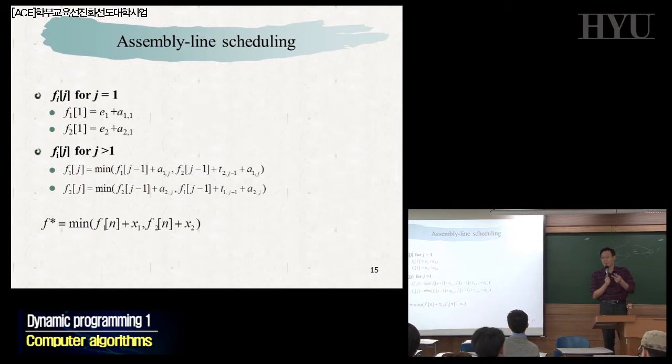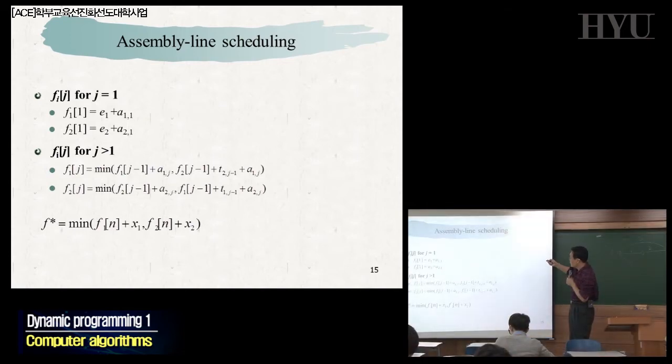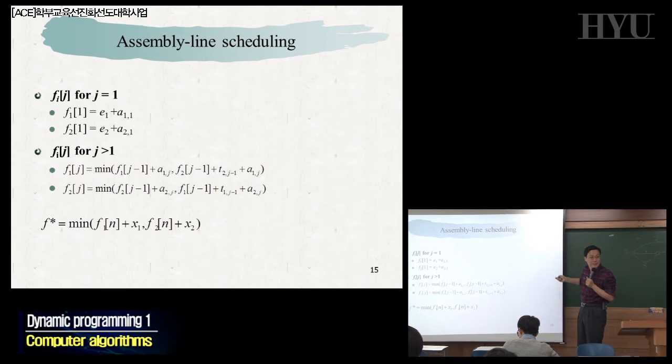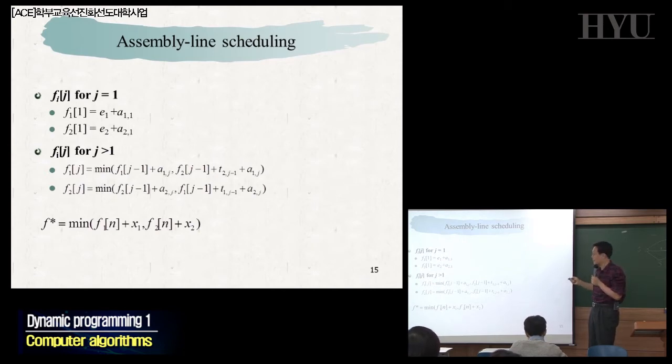Okay? I'll give you a couple of minutes to try to understand this pseudocode. This is the jth column. We assume that we already computed the j minus first column.